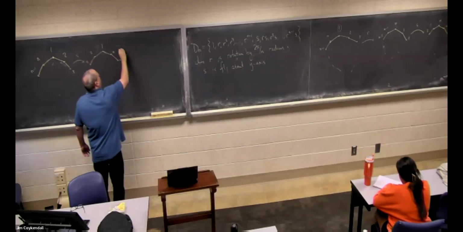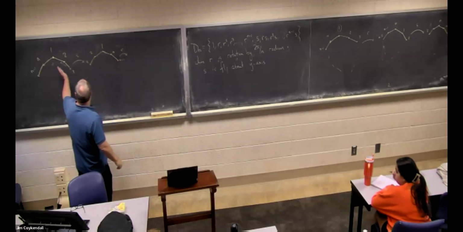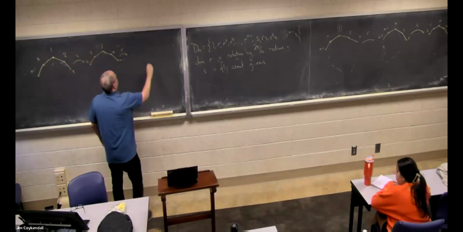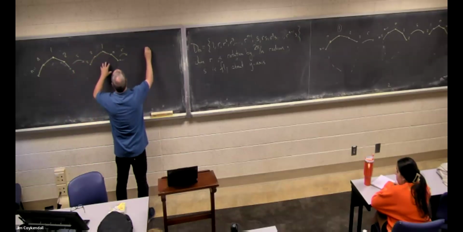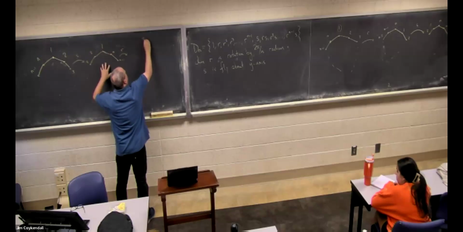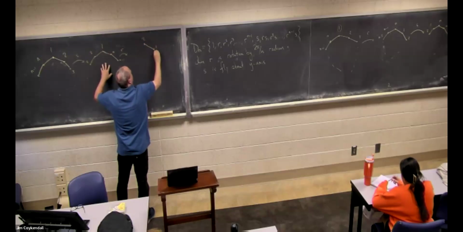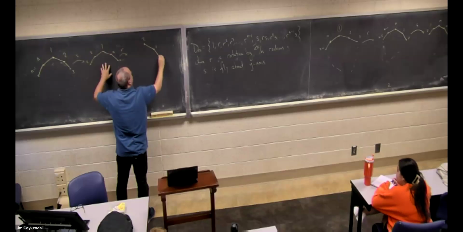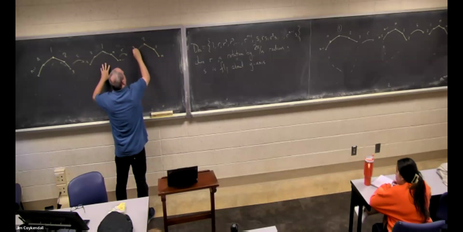Now let's say we do R to that. So I flip it, I rotate it, so that if I rotate it, it's going to put the 2 at the top. Then 1, and so on, and this would be 3, 4.